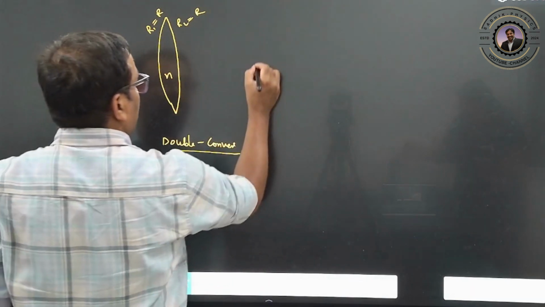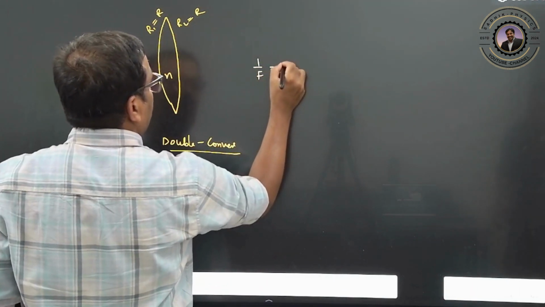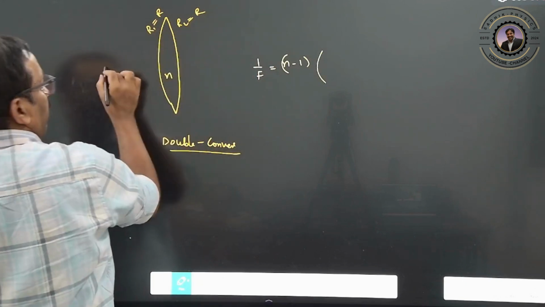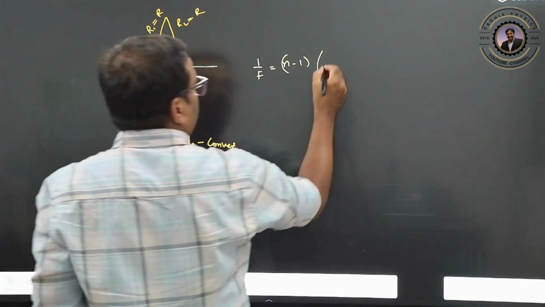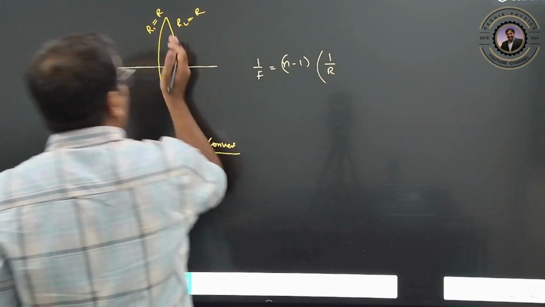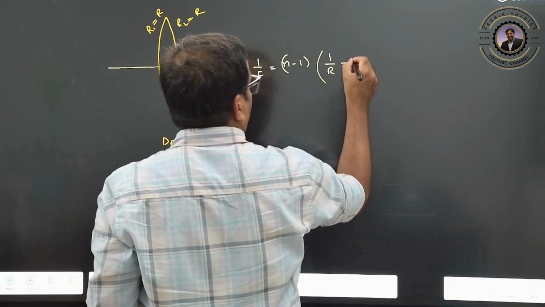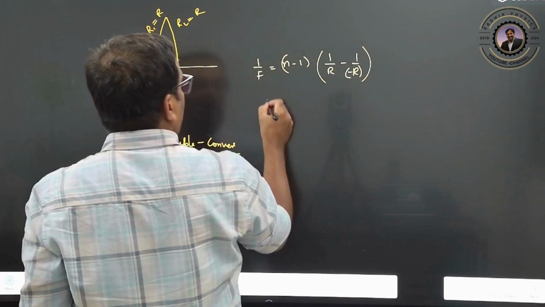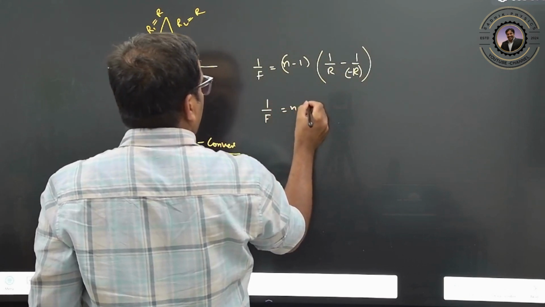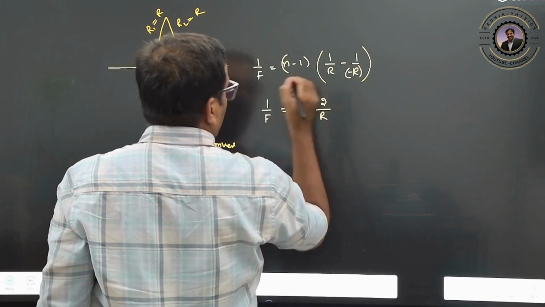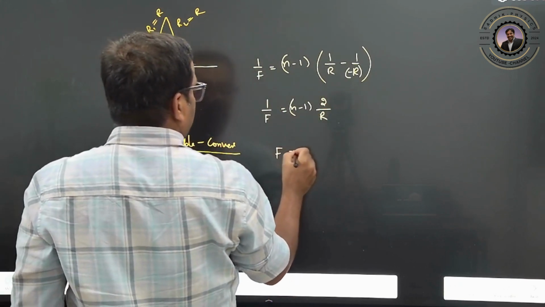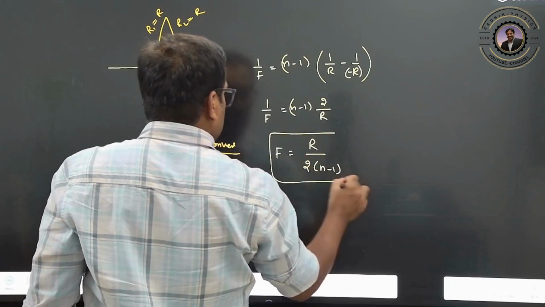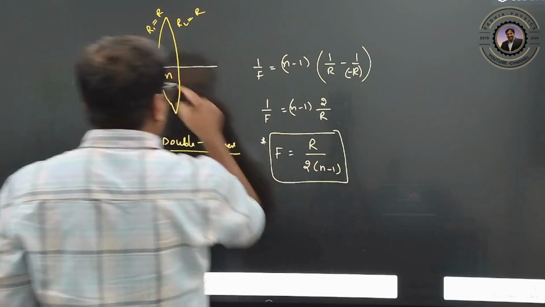How do we write it? 1 by f is equal to (n minus 1) into, for R1 on this side, positive 1 by R, and R2 taken as negative, so minus of minus 1 by R. So 1 by f equals (n minus 1) into 2 by R. The focal length of this biconvex lens is R by 2(n minus 1), where n is the absolute refractive index.